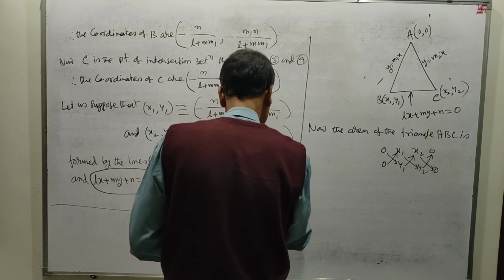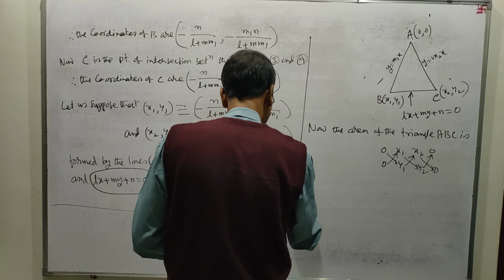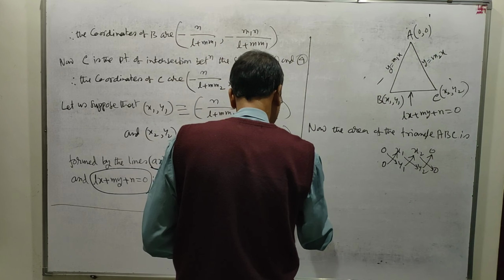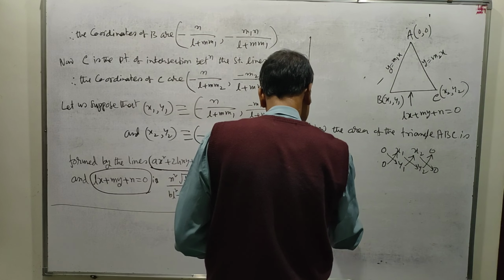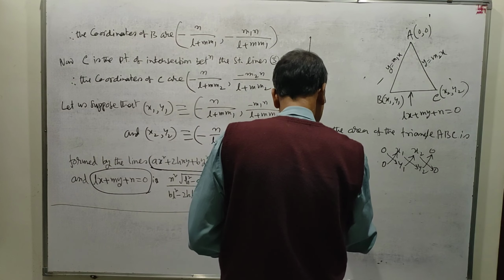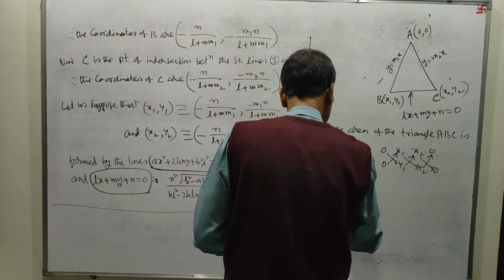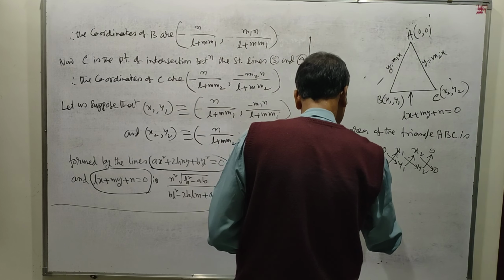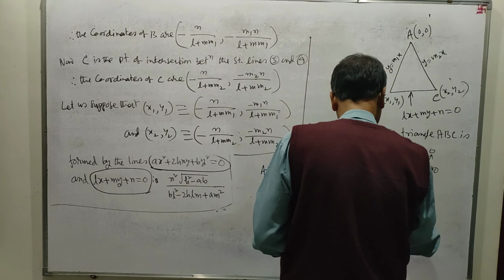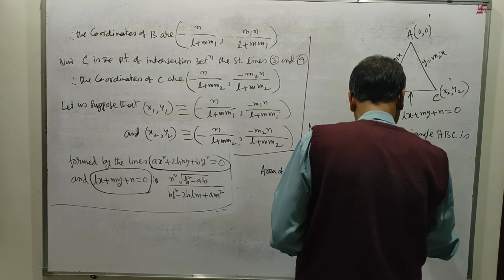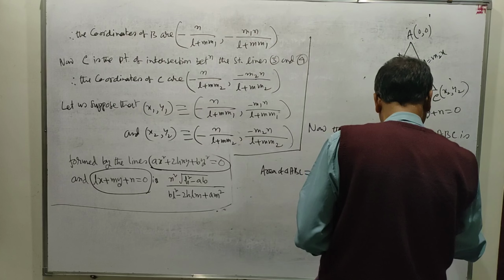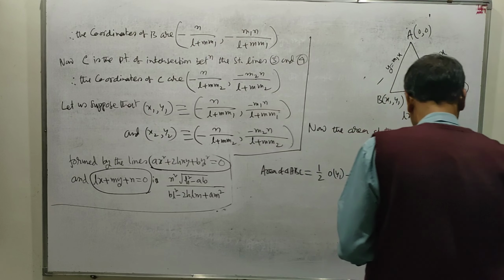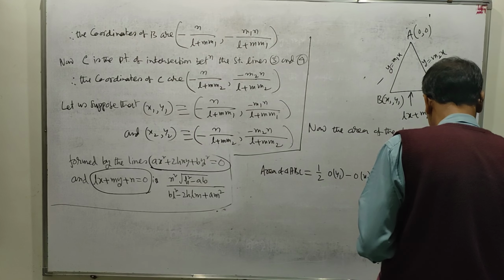Area of triangle ABC equal to half into 0 into y1 minus 0 into x1 plus x1 y2 minus x2 y1 plus x2 into 0 minus y2 into 0.